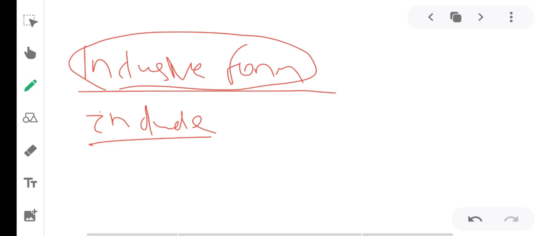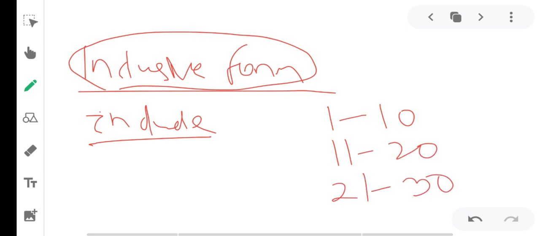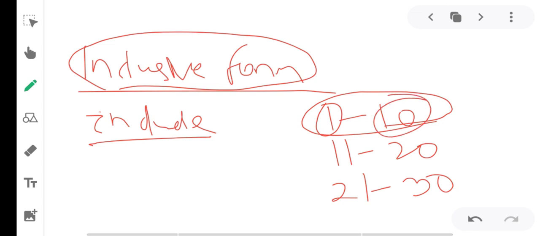For example, for inclusive form, the class intervals will be like 1 to 10, 11 to 20, 21 to 30. So in this class interval we will include the numbers that lie between 1 to 10, and will include the numbers 1 and 10 also. Clear?